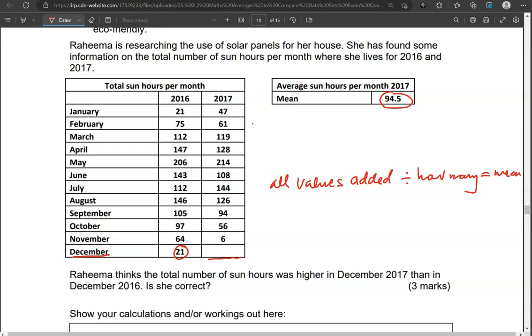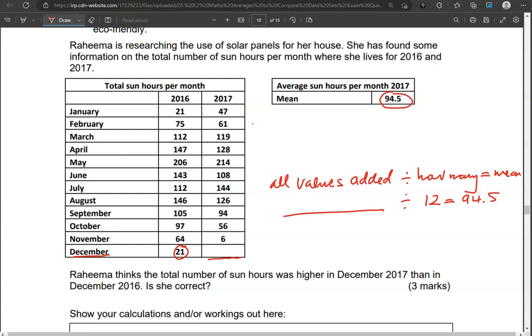Now, we don't have all the values, but we know how many there are, and that is 12 of them, because there are 12 months, and the mean is 94.5. So we've got this value that is missing. So all the values added, what will that be equal to?